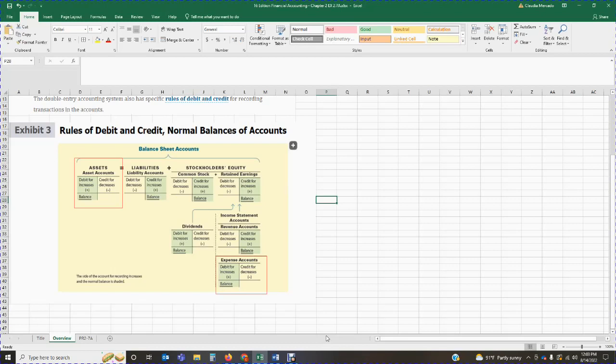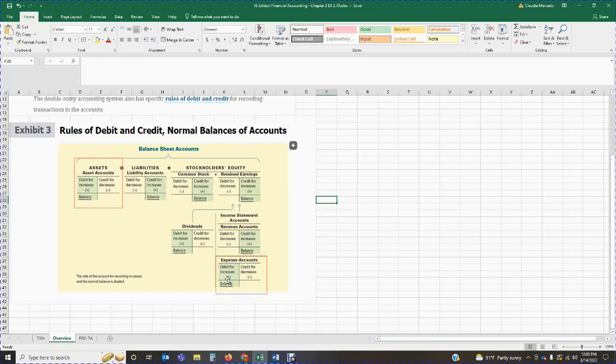Are you paying your rent or are they giving you money for the rent? No, we are paying the rent. The expense for the company is increasing because every month we have to pay the rent. That's costing us money. Usually every time you see the word expense, it should be a debit to that account. So your expenses are increasing. Therefore we are going to debit the expense account.